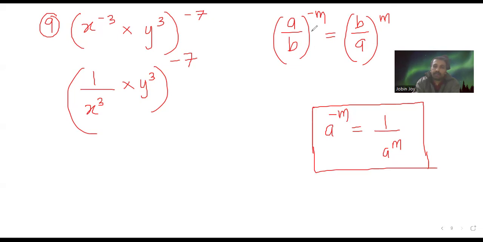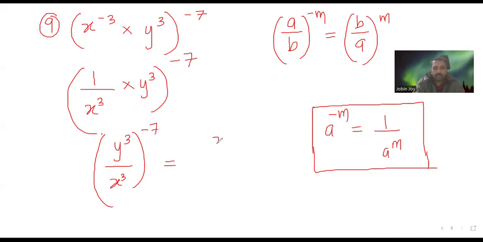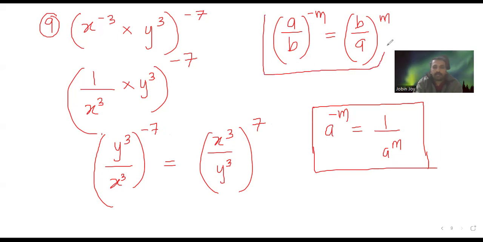So I will rewrite this like this: (y raised to 3 divided by x raised to 3) the whole raised to minus 7. I will take the reciprocal, so x raised to 3 divided by y raised to 3, then I will change the sign of the power. This is minus 7, I will change this to 7. I am applying this law.